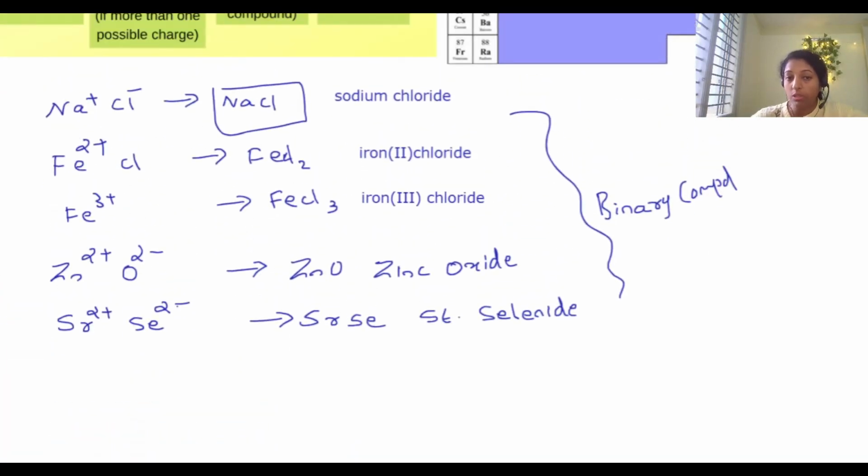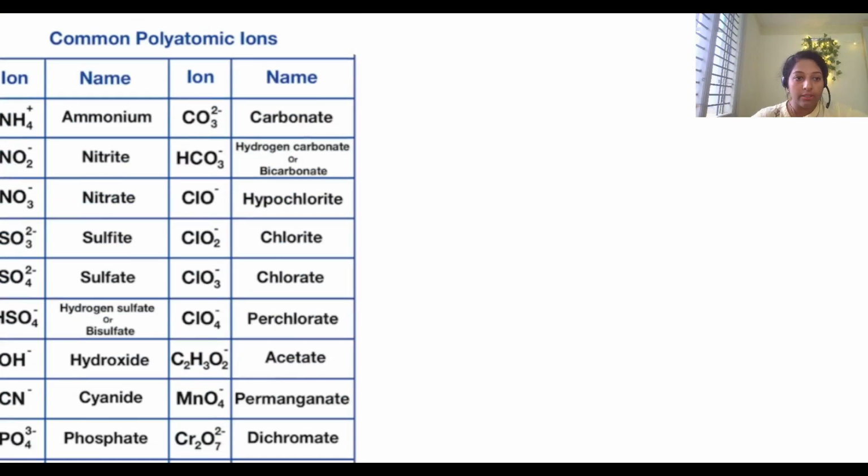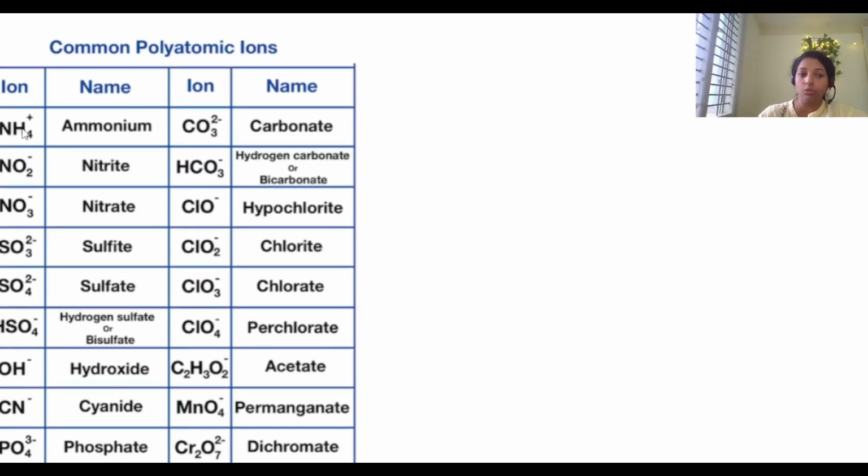polyatomic ions. Sometimes a group of atoms will play the role of the anion or the cation. So instead of a single atom like chlorine, Cl minus, a group of atoms may be there, for example the group OH minus or NH4 plus. See the cations here: not only one single atom plays the role of cation.